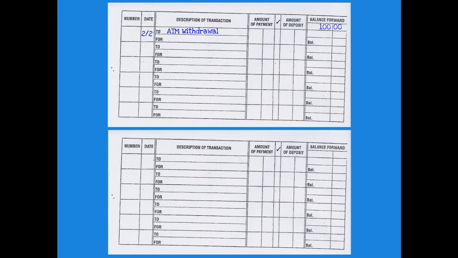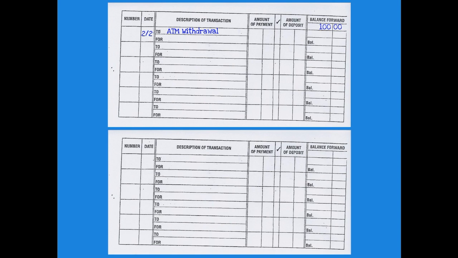On the 4 line, you could give the reason that you did this, to buy Mary a birthday present or to pay to fix my car, something. The 4 line is more like an explanation. So on the 2 row, we're going to put ATM withdrawal.